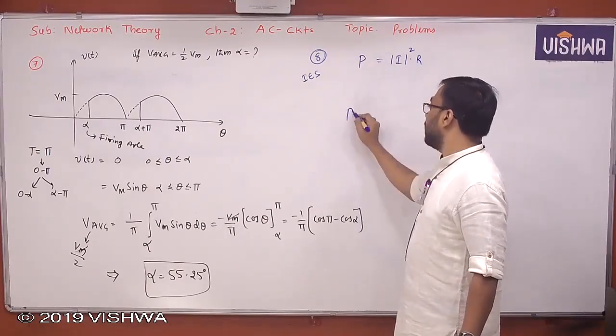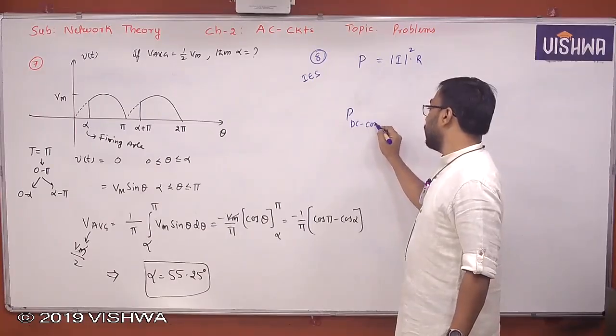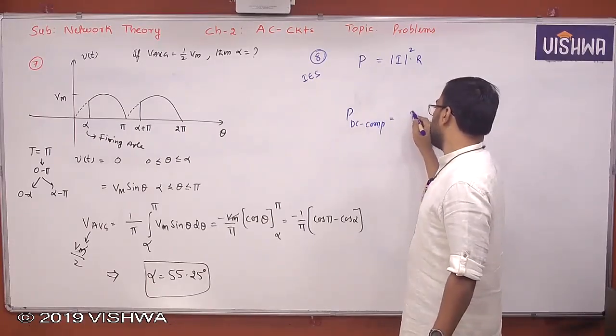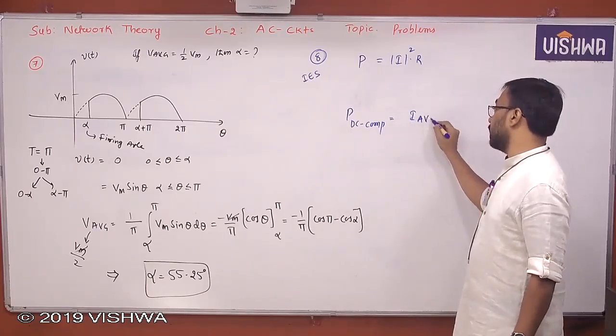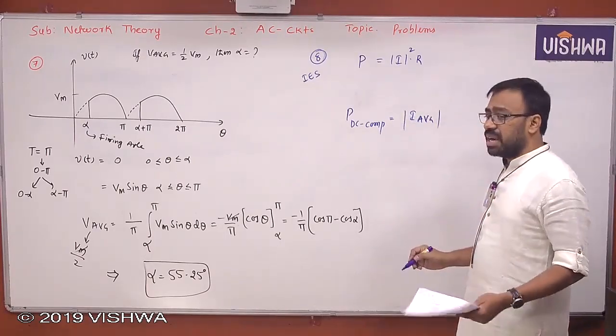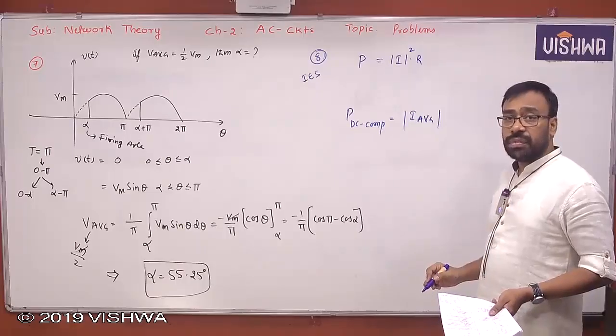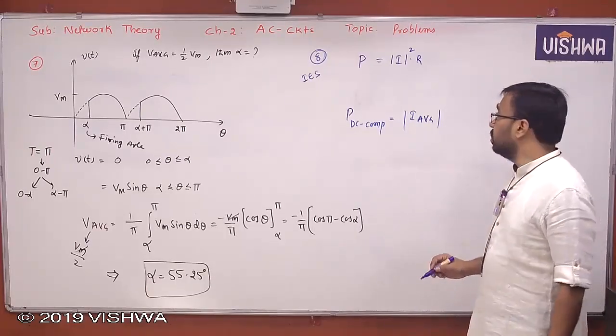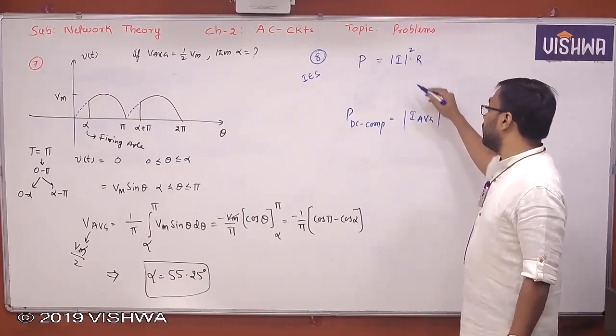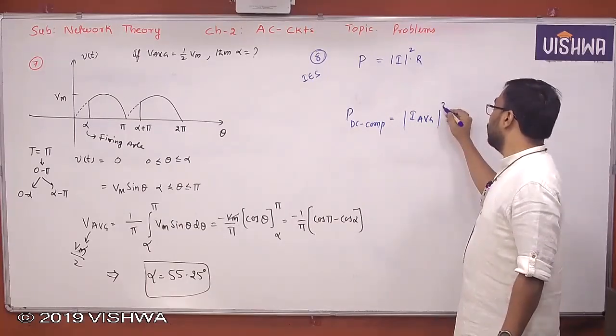But from the DC component means the power due to the average value of the current. DC component is nothing but the average value. So instead of RMS, you take the average value into square.